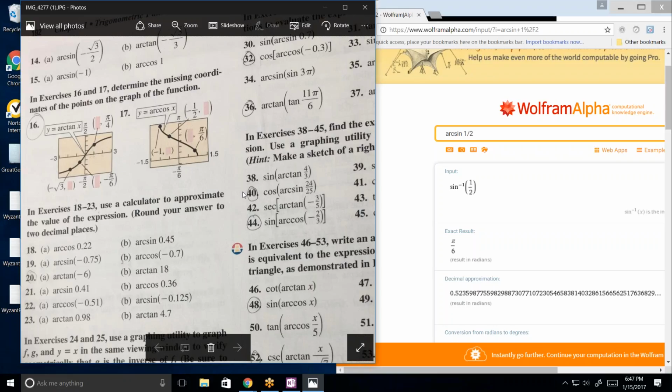Okay, so let's look at this point right there. What is the x coordinate that gives you pi over 4 as an answer? What's the tangent of pi over 4?